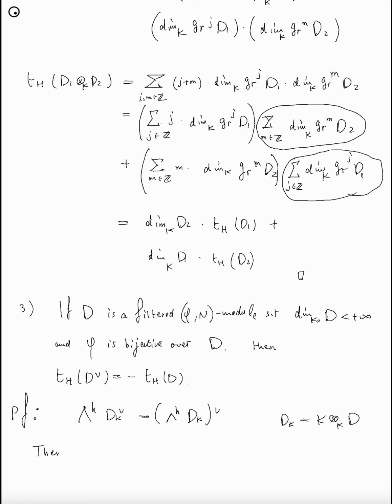Therefore, just by considering the one-dimensional case, as we discussed at the beginning, the filtration of the dual, basically the jumping position, changes the sign.